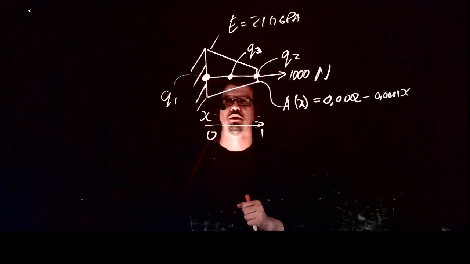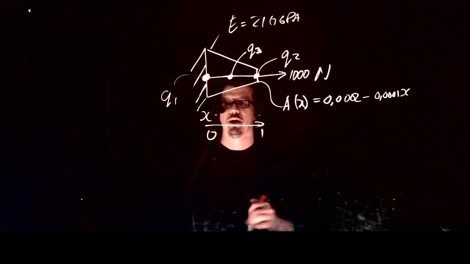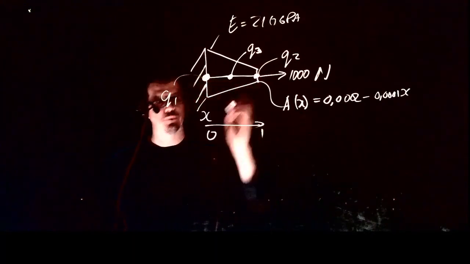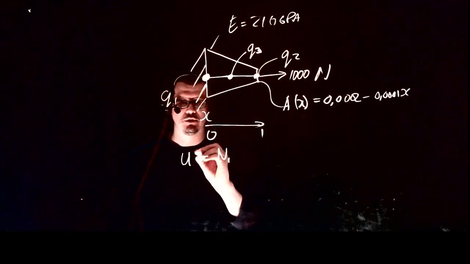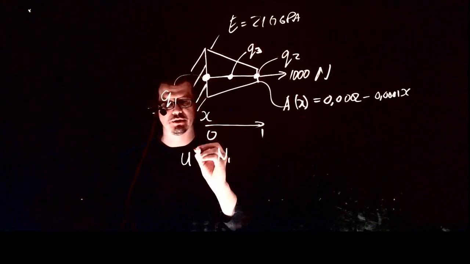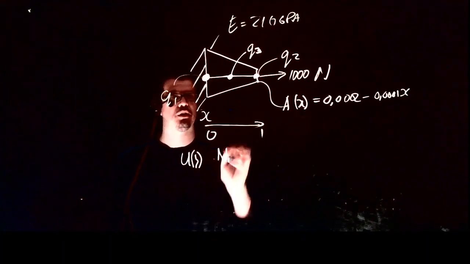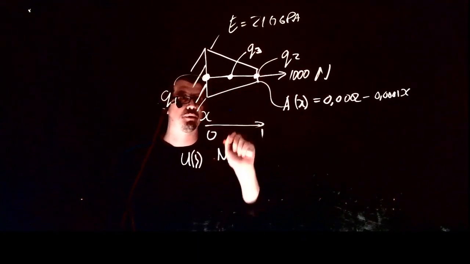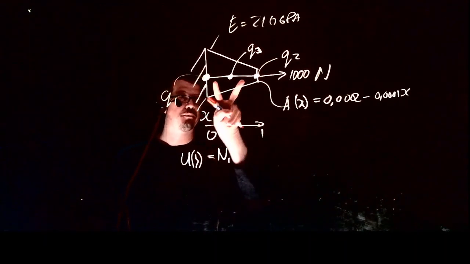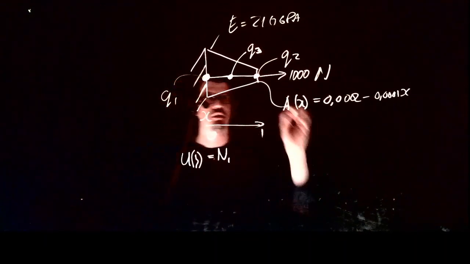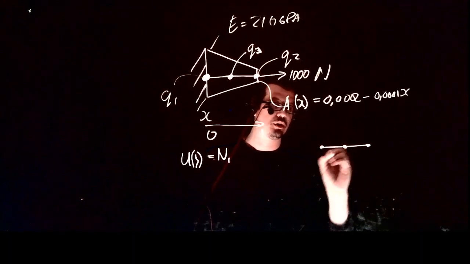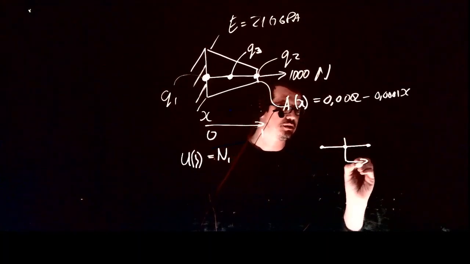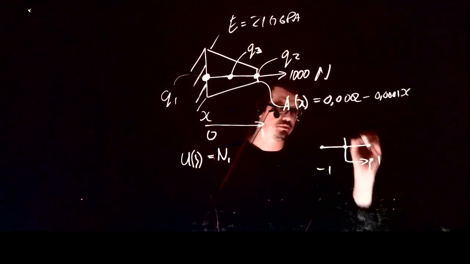Okay, so this is what we're going to do. Once we do that, we can describe the displacement with N1. Let's write it like this: U is a function of psi now. This is still in the X domain that I'm putting, but remember, we're going to map this 0, 1 domain into this new world, which we're going to call psi, from -1 to 1.